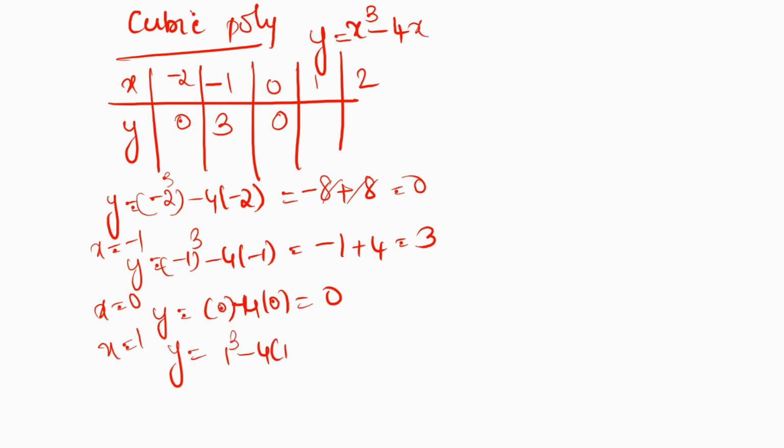For x equal to minus 2, y equal to 0. For x equal to minus 1, y equal to 3. For x equal to 0, y equal to 0. For x equal to 1, y equal to minus 3. For x equal to 2, y equal to 0.